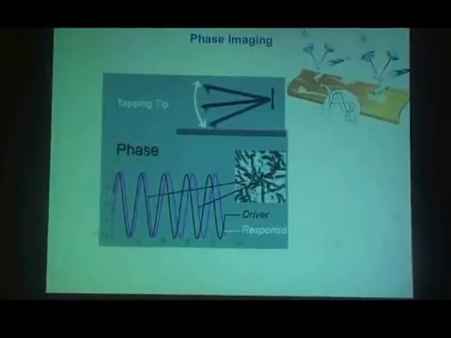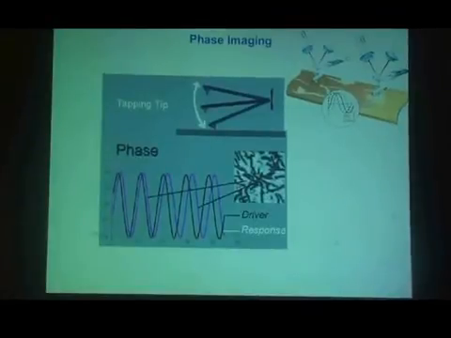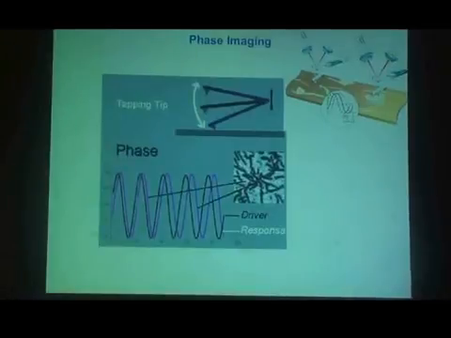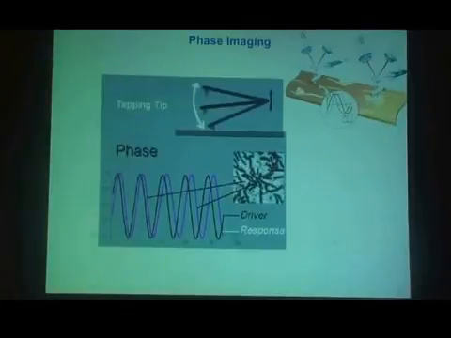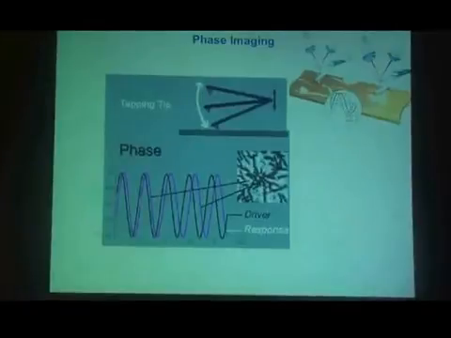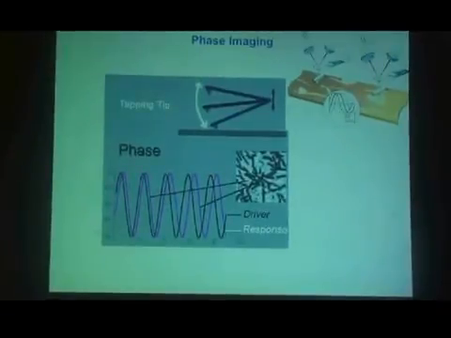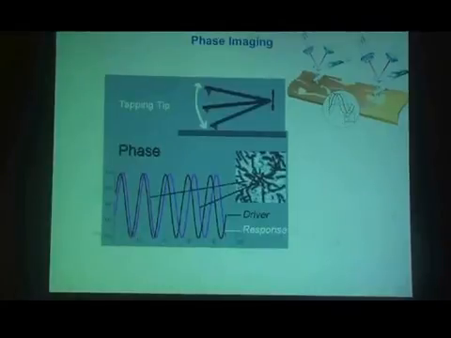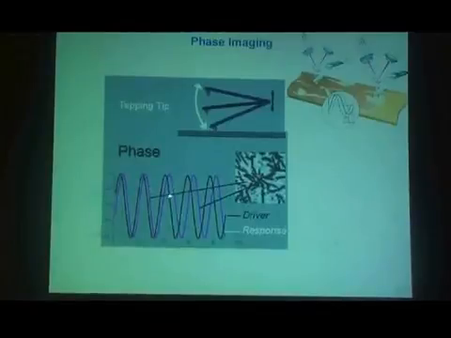Suppose there is an interactive force between the chip and the sample surface. In that case, the chip, after touching the surface, lags a little bit compared to your applied frequency. So there is a lag between the phase of the wave. The amplitude will be coming at a later stage. If you are able to monitor this, you can characterize different types of material.